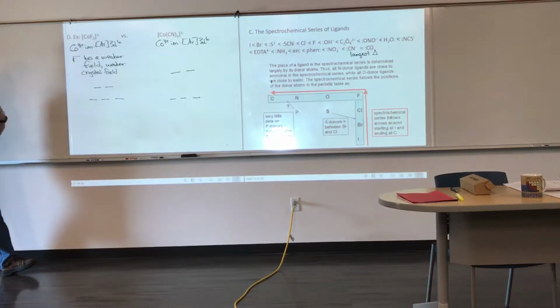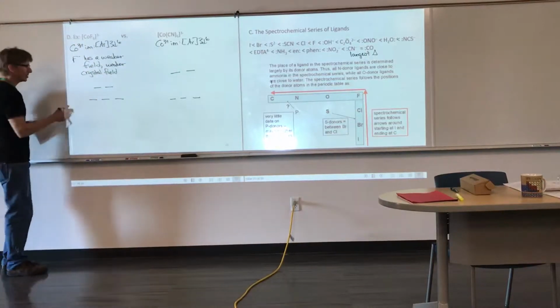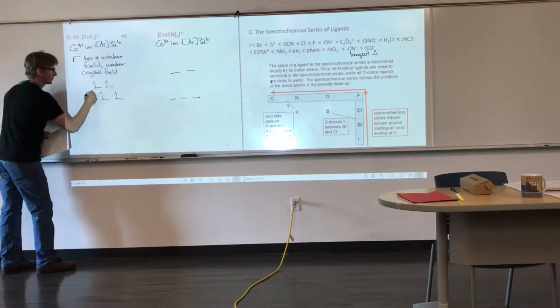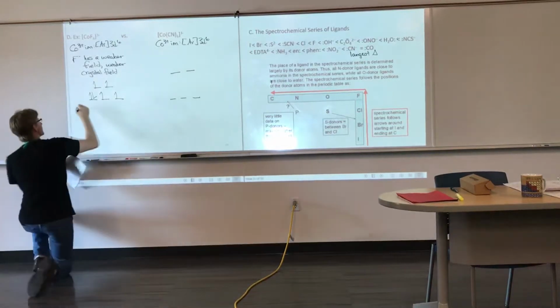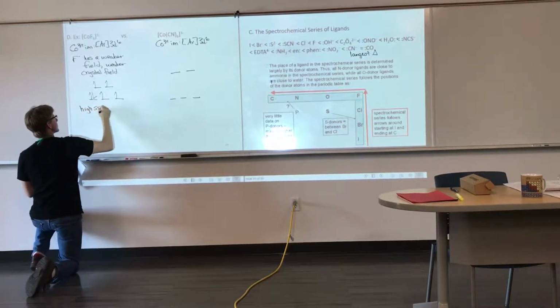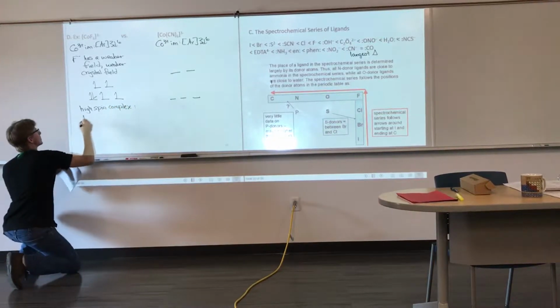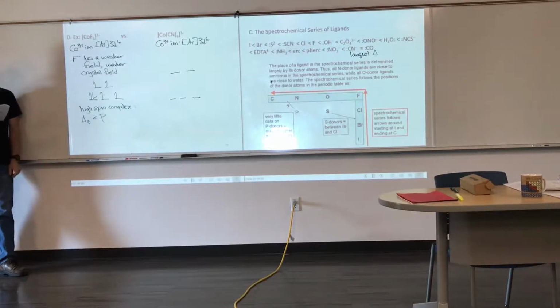And we wouldn't know this unless I told you that one was paramagnetic and the other was diamagnetic, but it turns out that this compound is what's called a high-spin complex. Delta octahedral is less than the pairing energy, so the electrons go into the higher energy orbitals before they pair.